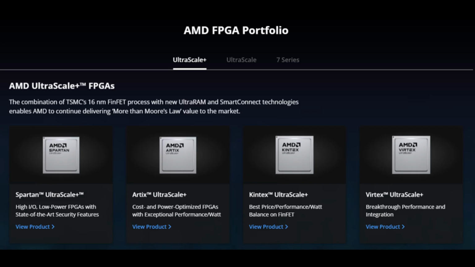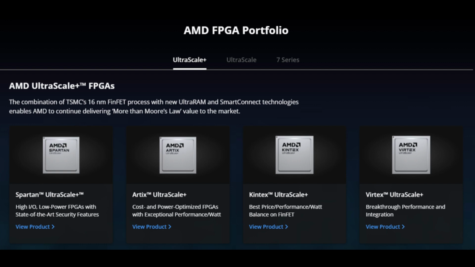If you look at the product portfolio on the AMD FPGA website, the families are organized from top to bottom as UltraScale Plus, UltraScale, and the 7 series. These product lines are categorized based on their semiconductor manufacturing process. UltraScale Plus devices are built on a 16 nanometers FinFET process, UltraScale on 20 nanometers, and the 7 series on a 28 nanometers process.